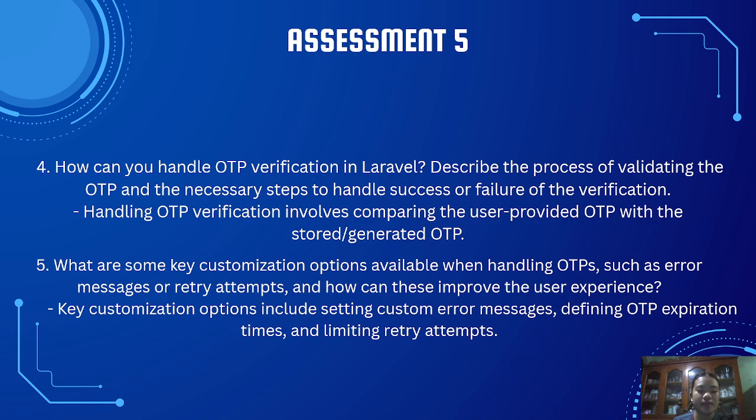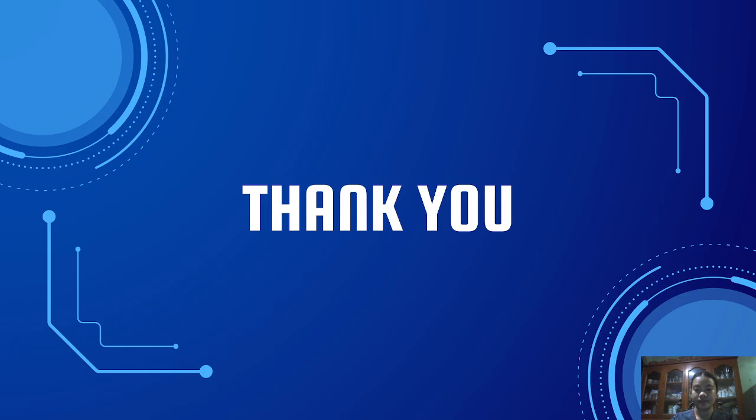Custom error messages help guide users when an OTP fails, improving user experience. Expiration times ensure that OTPs are only valid for a short period, enhancing security. Retry limits prevent brute force attacks by limiting the number of allowed attempts.